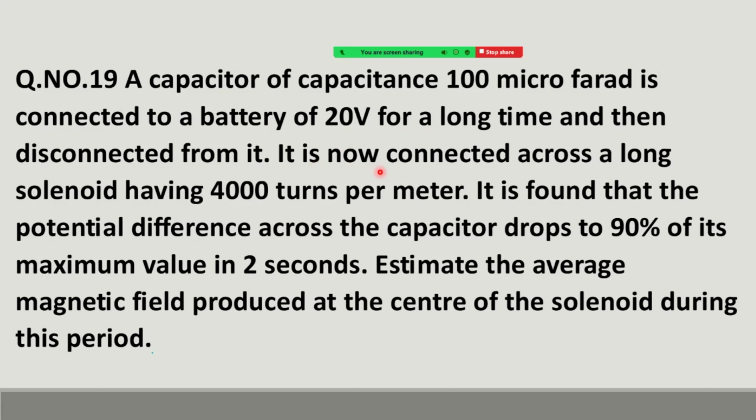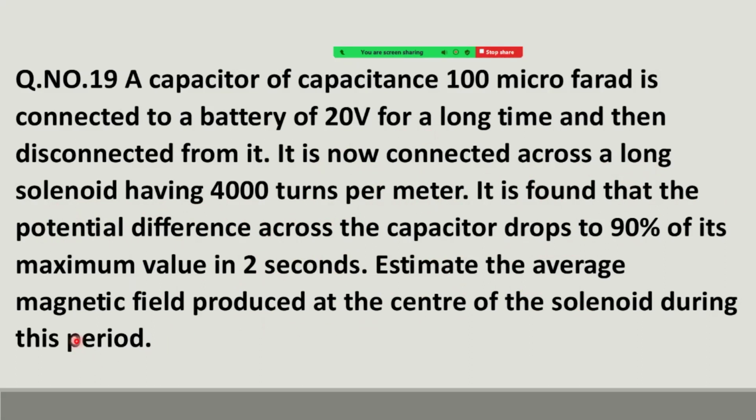It is now connected across a long solenoid having 4,000 turns per meter. It is found that the potential difference across the capacitor drops to 90% of its maximum value in 2 seconds. Estimate the average magnetic field produced at the center of the solenoid during this period.